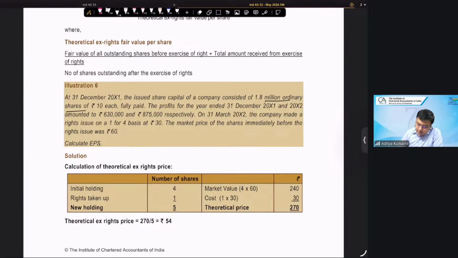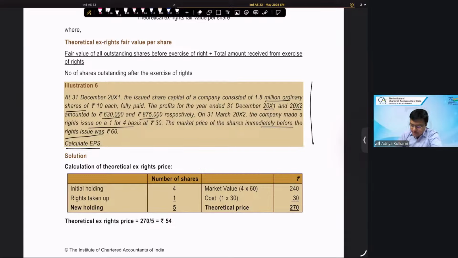The profits for the years X1 and X2 amounted to 6 lakh 30 thousand and 8 lakh 75,000 respectively. On 31st March X2, the company made a rights issue on a 1:4 basis at rupees 30. The market price of shares immediately before the rights issue was rupees 60. Calculate EPS.